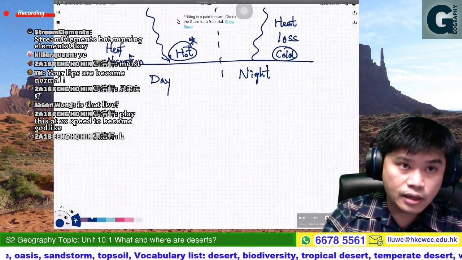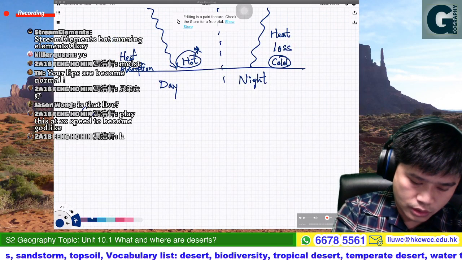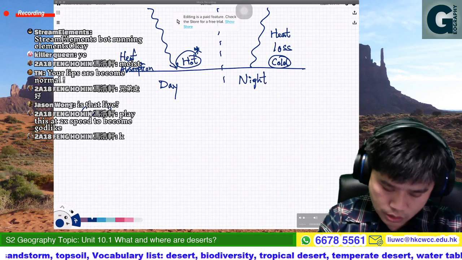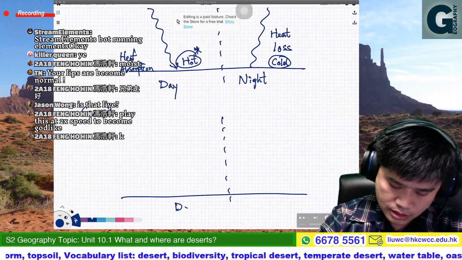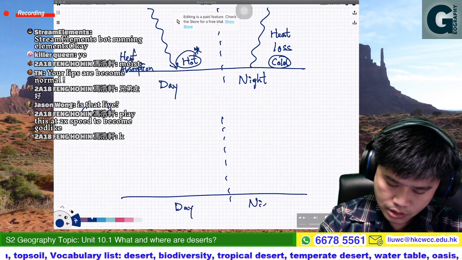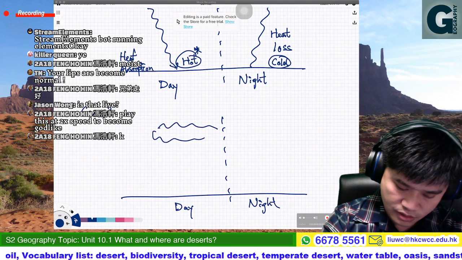Right now let me show you case two. Same day and night, but this time with cloud cover.